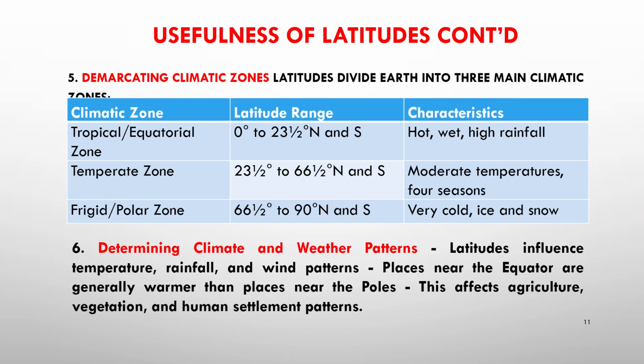And the frigid zone is the coldest region on Earth. It receives the least direct solar radiation because the sun is always low in the sky. In winter, the sun does not rise at all for extended periods, and in summer, it does not set.